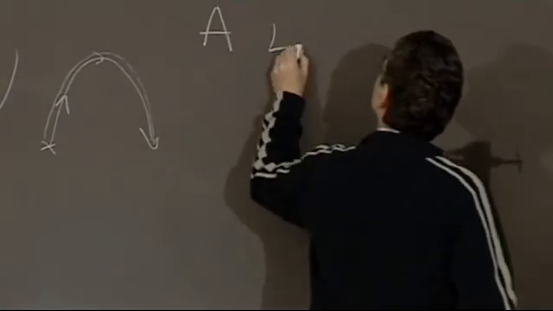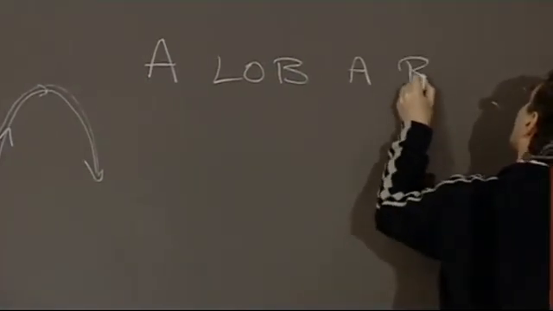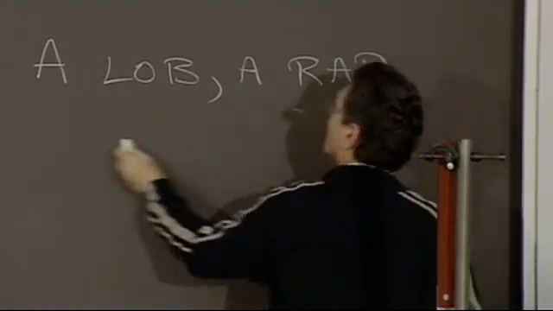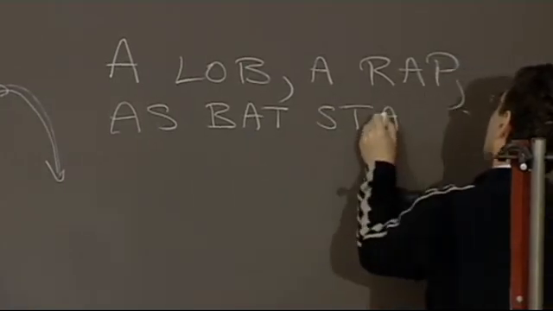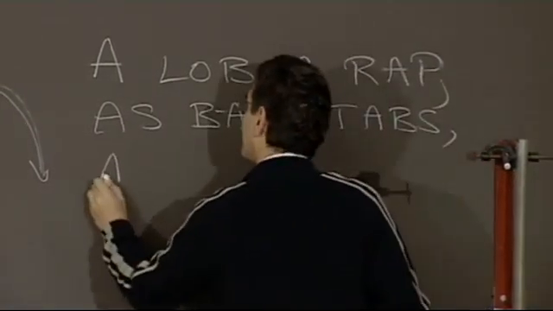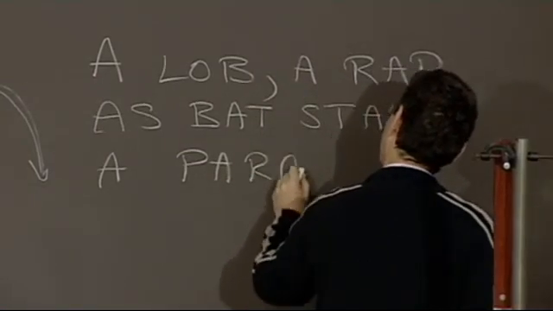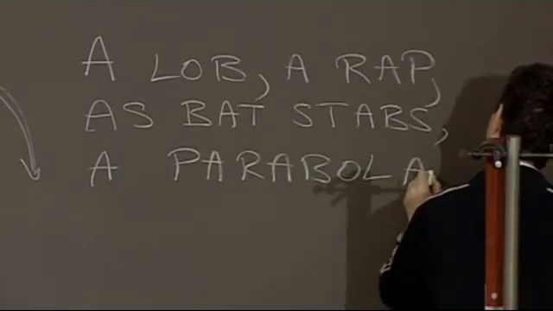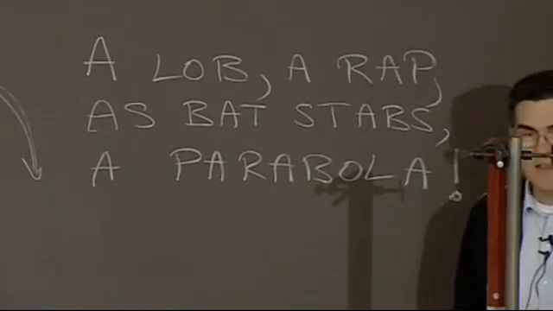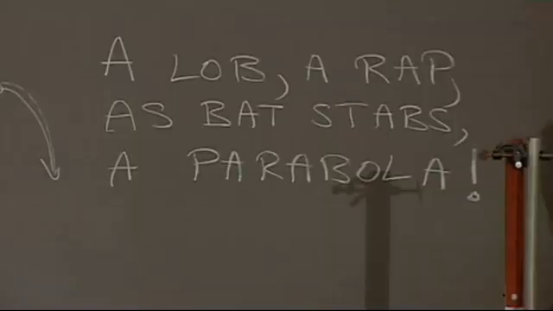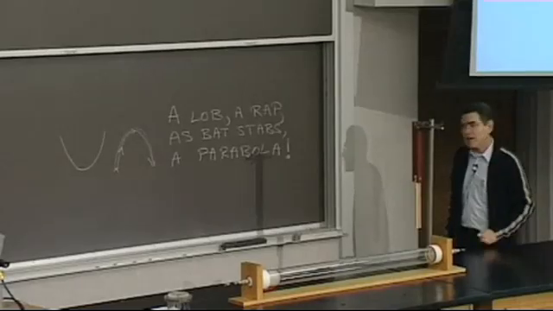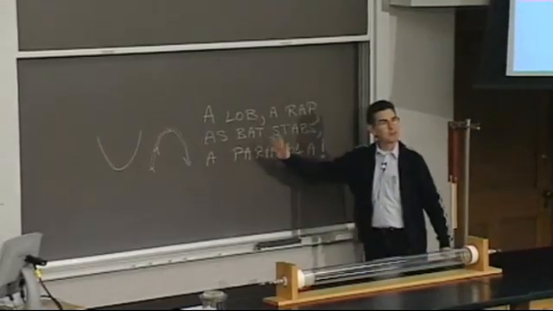In case you have trouble remembering that, all you have to remember is a mnemonic, which goes... okay, now you'll remember it. A lob, a rap as bat stabs, a parabola. The way you can remember this is that, you see, it reads backwards as well as forward.